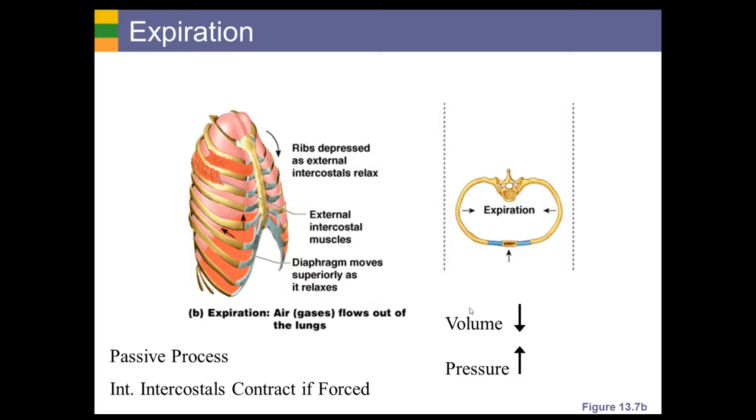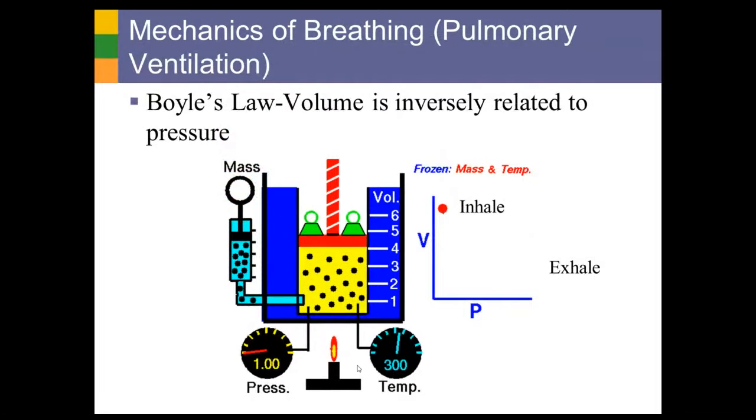Now, if you are actively exhaling, like when you're running and breathing heavily, or blowing air into a balloon, then that's a forced exhalation. In that case, your internal intercostal muscles pull down on your ribs, and energy is being used to exhale. But outside of that, exhaling is generally a passive process.